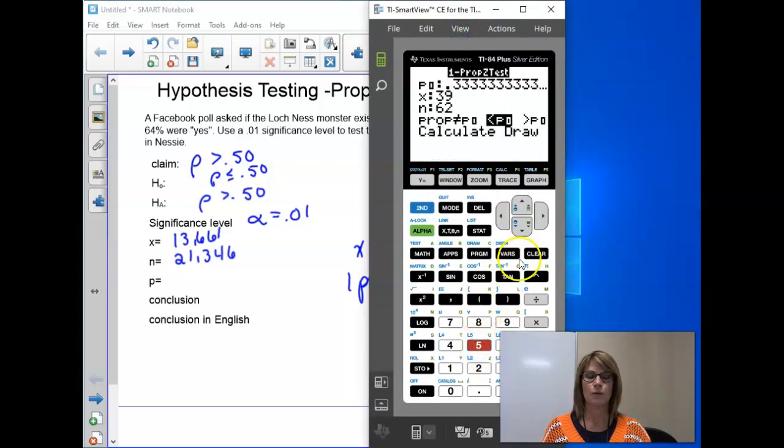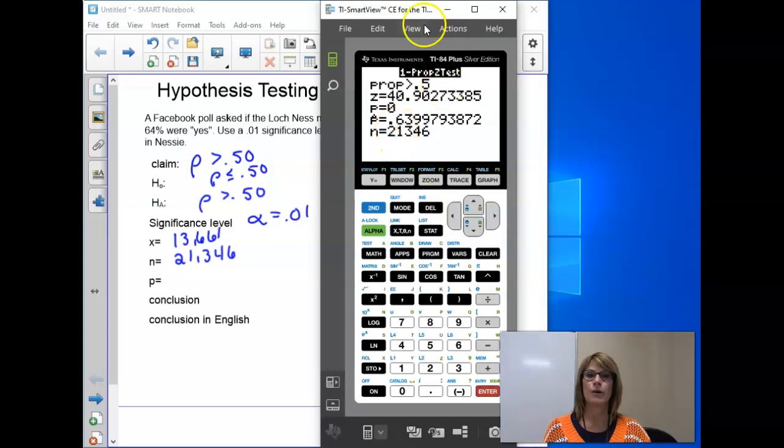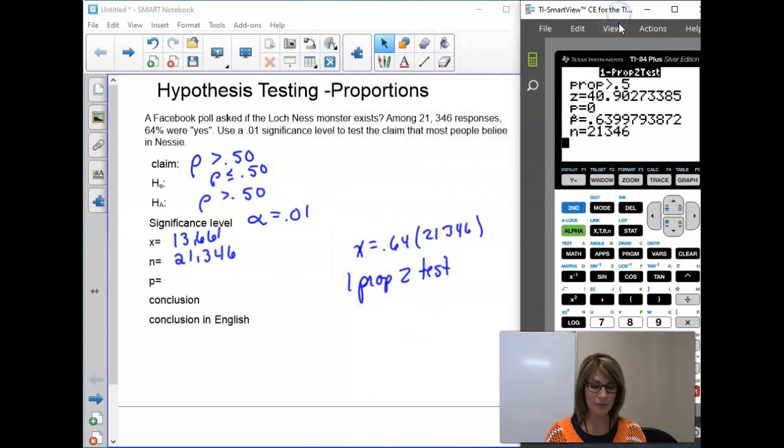Okay, one proportion z-test, the proportion we're testing against is 0.5. We have 13,661 out of 21,346. This needs to match your alternative. Calculate, so our p-value is 0.